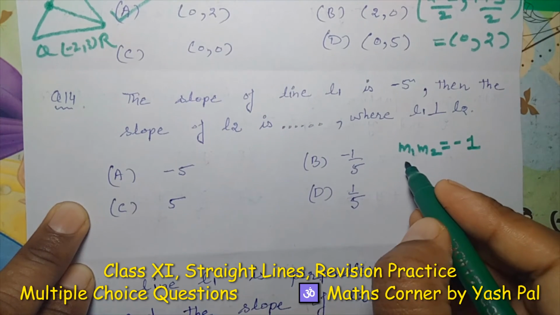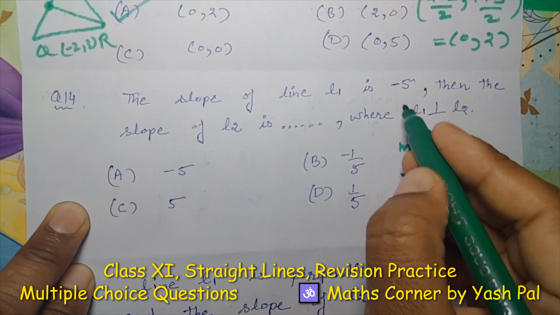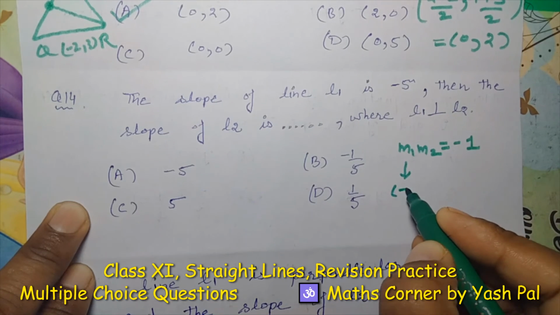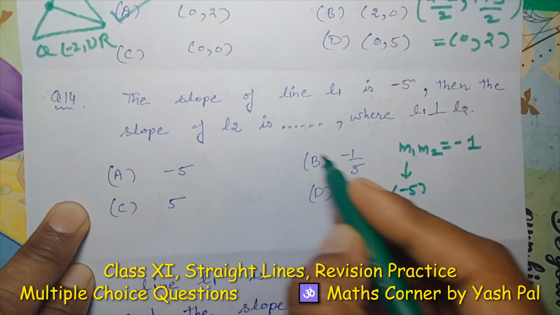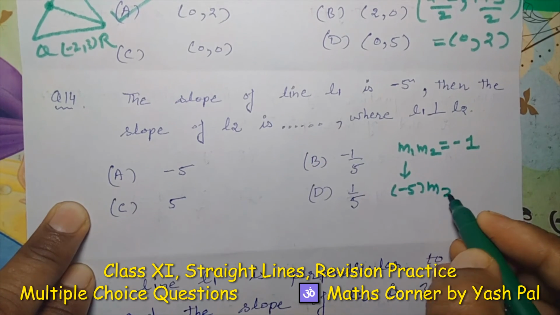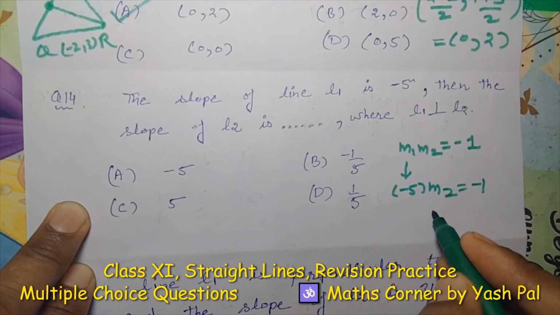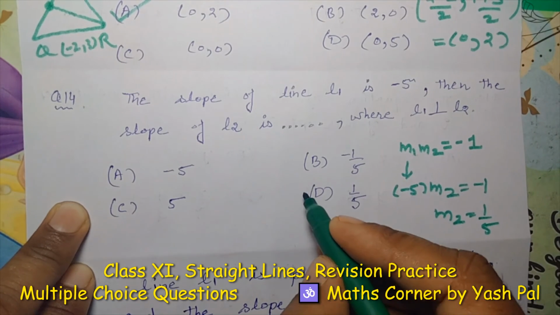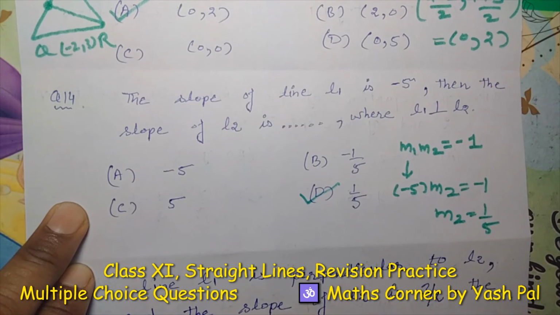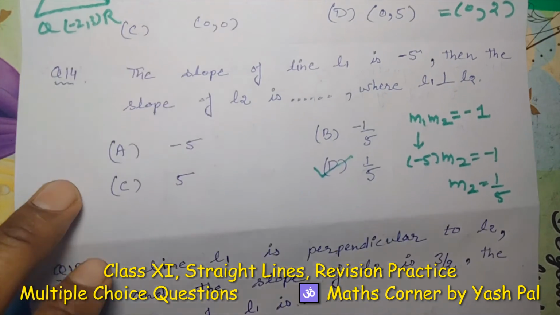So the slope of first line is M1. This is given here minus 5. So M2 is to find out. So this is M1 into M2 equal to minus 1. So we can say M2 is equal to 1 upon 5. So option number D is the right choice to this question.